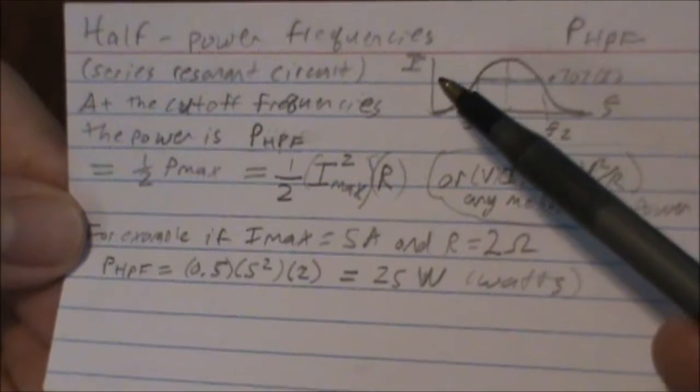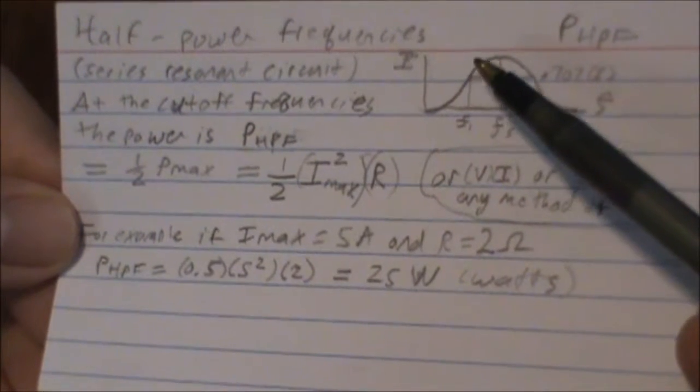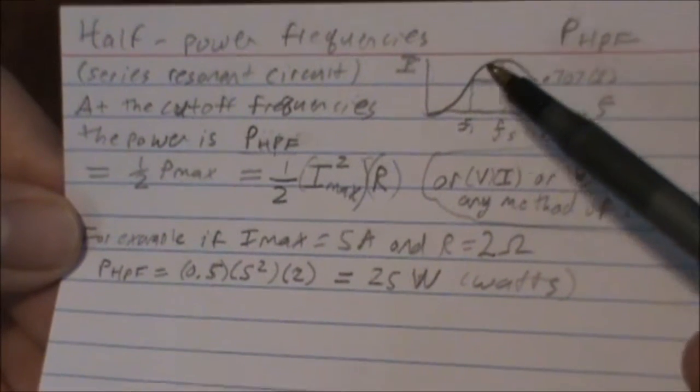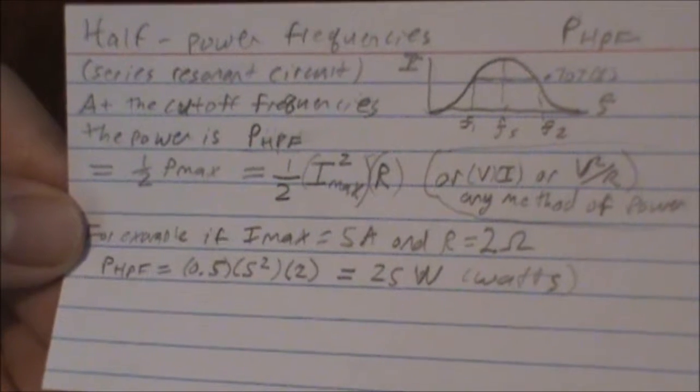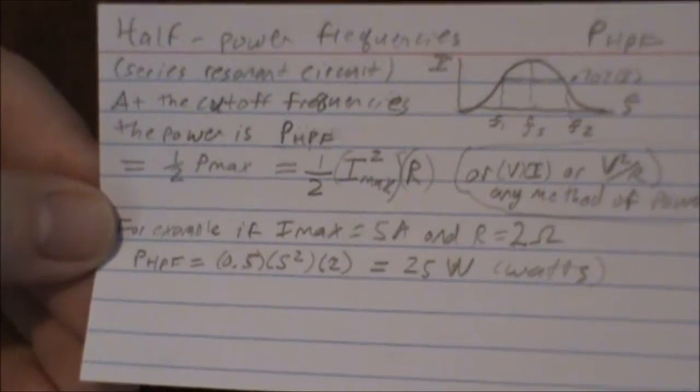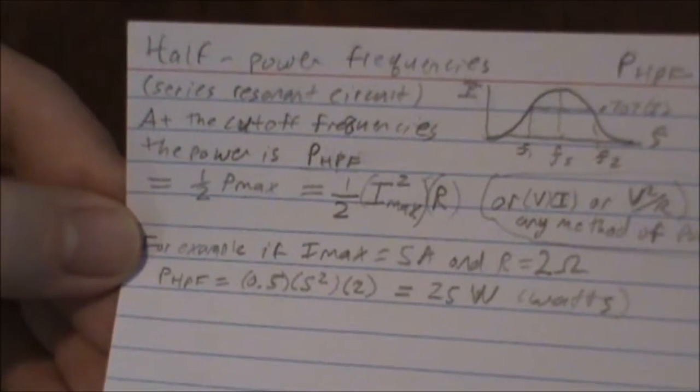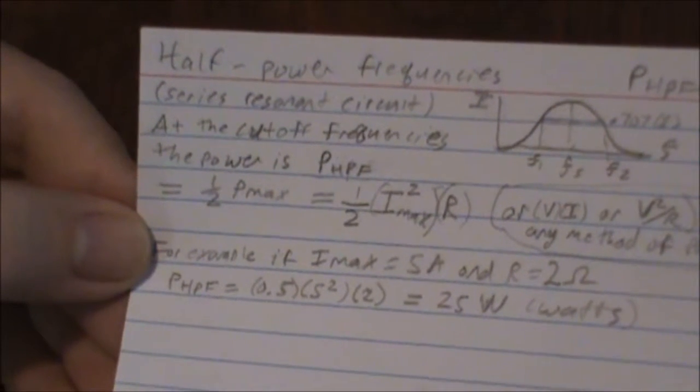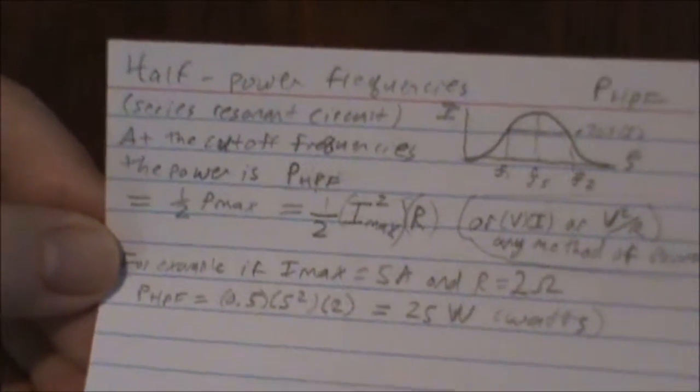That can be, for example, your minimum power, and anything over that power will go through your transistor or your circuit, if it's a current-sensitive device or what have you. There are your half-power frequencies.